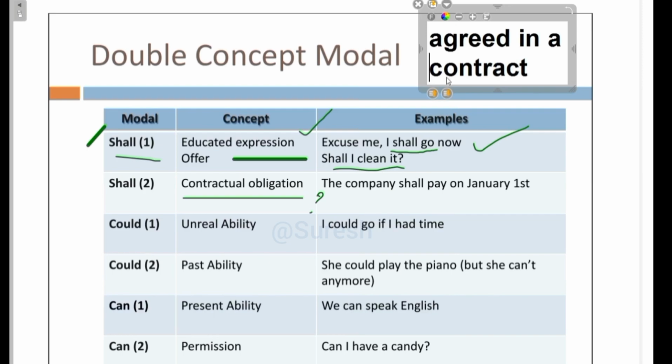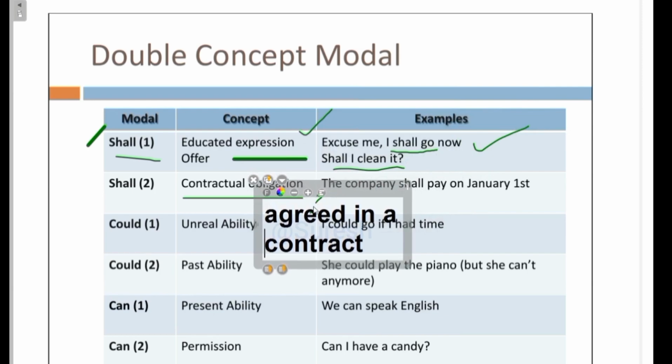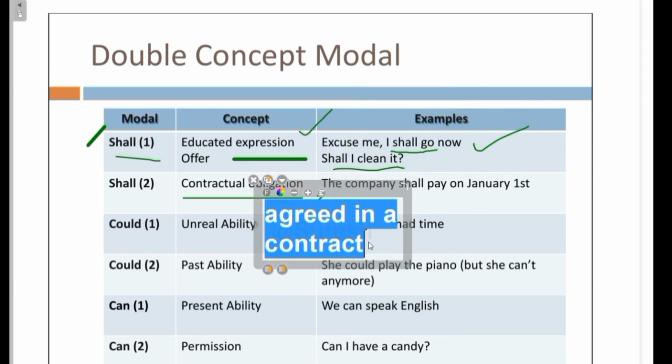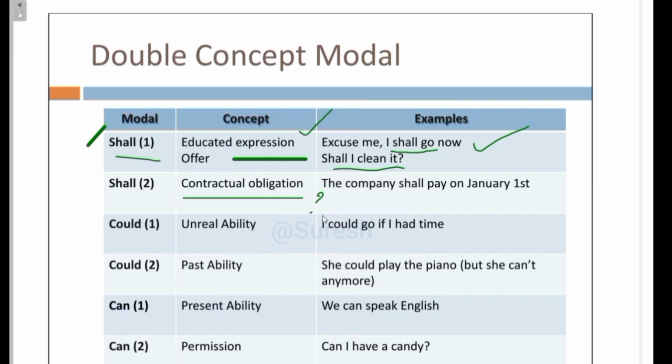So, right. And you can just look at the example now. What is given in the example? Now, since we understood the meaning of contractual obligation, agreed in a contract, now we will see the example so that you will understand clearly. The company shall pay on January 1st. See the example given there? Can you read for yourself?